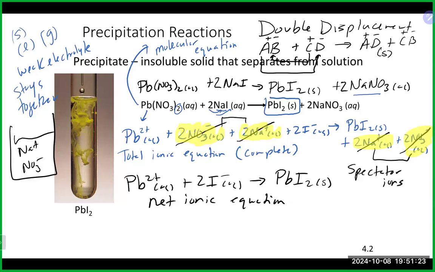The net ionic equation is pretty much what is happening in this reaction. Although you dump a bunch of stuff together, it is, in this case, the lead ion from the lead 2 nitrate is going to go float around and find the iodide ion from the sodium iodide, and they're going to come together and fall out of solution as this yellow solid you can see here in this picture.